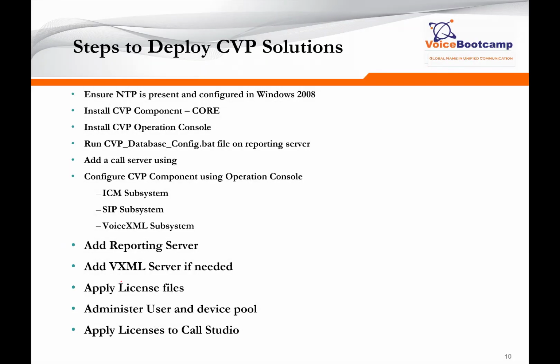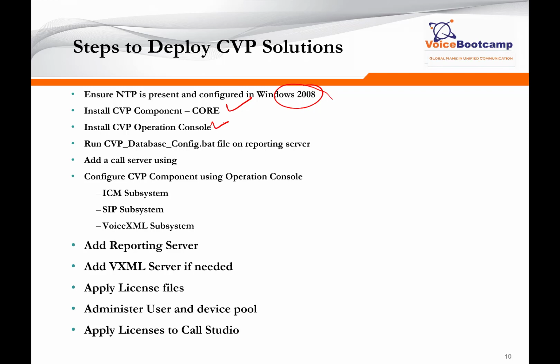So to deploy CVP solutions, make sure Windows Server, whether it's 2008 or 2012, has NTP configured properly. Install the necessary core components. You need at least one operation console. Remember, the operation console cannot be on the same server if it's for production. For a lab, you can run everything on the same server.